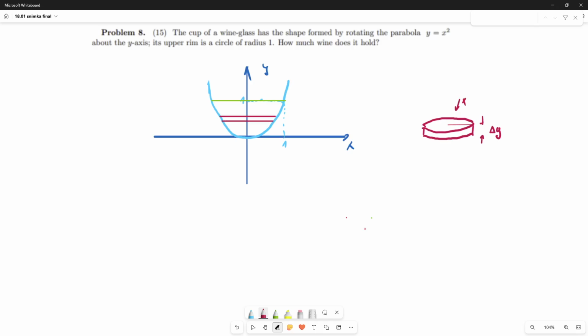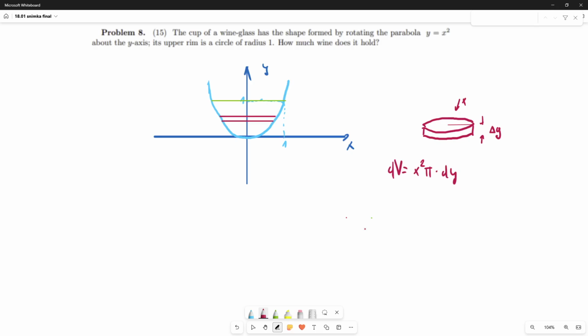If we consider this as a unit volume, then the unit volume is equal to the area of the circle, which is the base of this disk, x squared times pi, times the height, which is equal to dy as it tends to 0. So this is an infinitesimal volume.